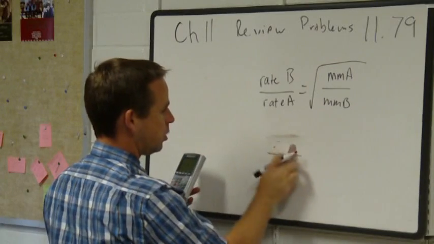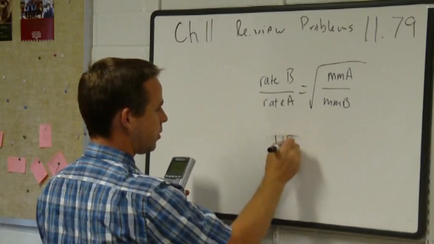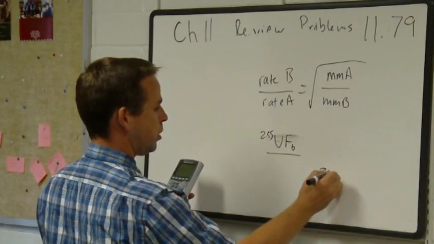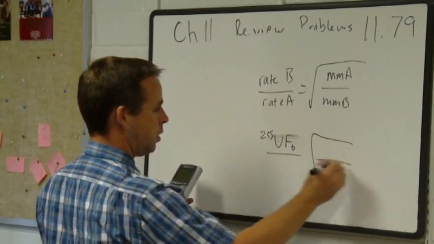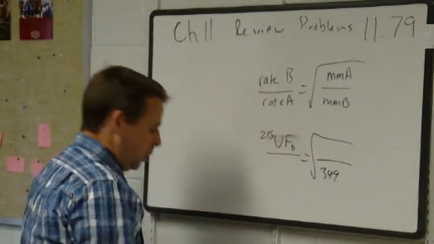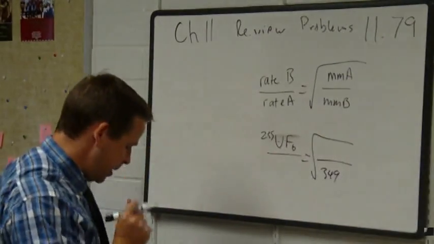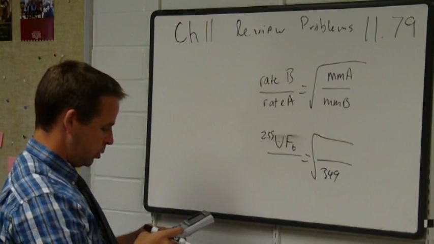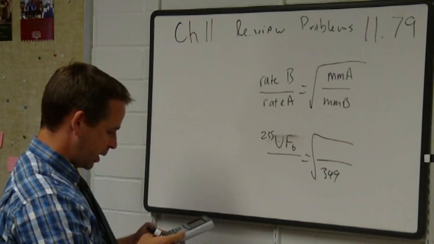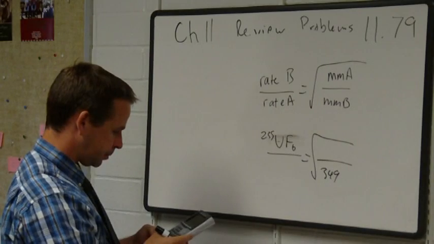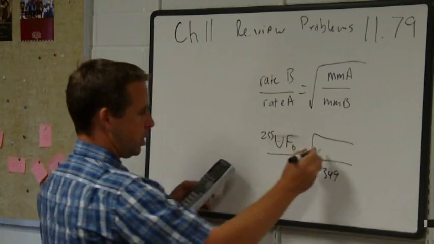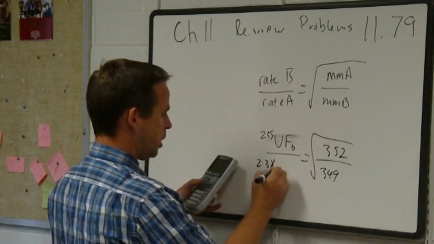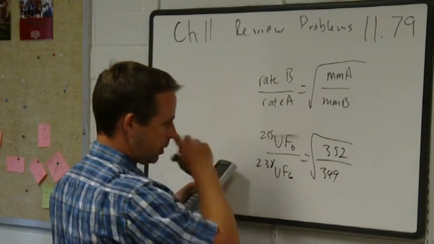So this is the UF6-235, and that's 349. Now UF6 with the 238. So 238 plus 19 times 6. That's 352. And so this will be the 238's rate, UF6.